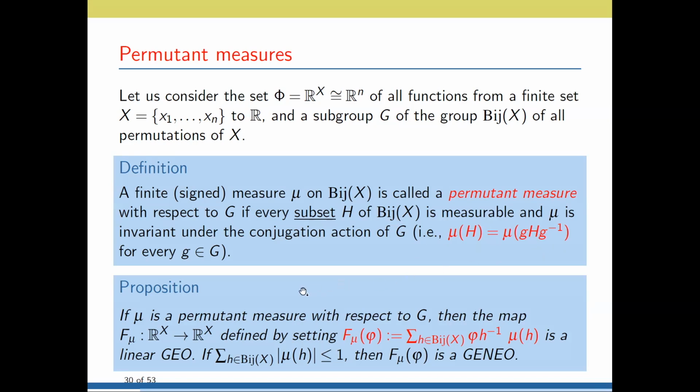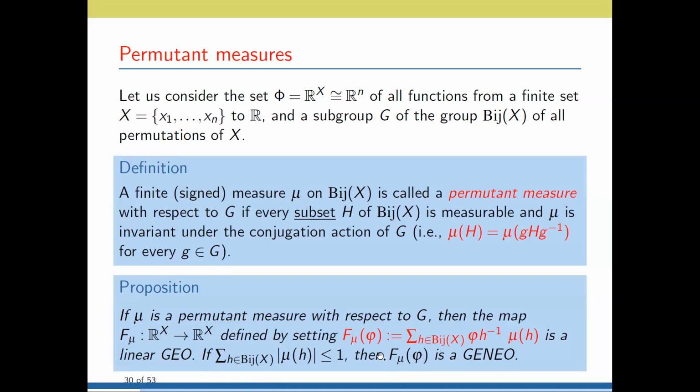If we have a permutant measure, we can build a GENEO with respect to the group G. Proposition: if mu is a permutant measure with respect to G, then the map F_mu, defined by using this formula, is a linear GENEO.